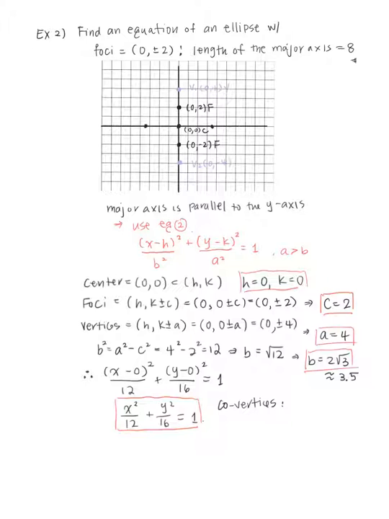Is that 3.5? 1, 2, 3.5-ish? Okay, perfect. So let me label the co-vertices (2 root 3, 0) and (negative 2 root 3, 0). Let me write down the answer here.